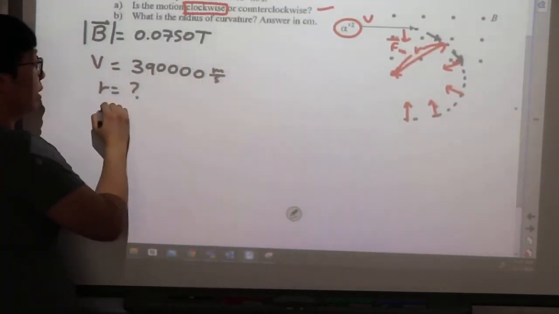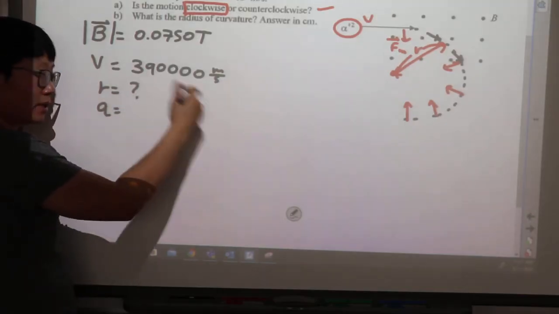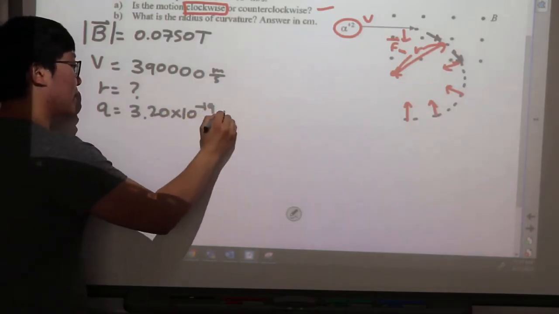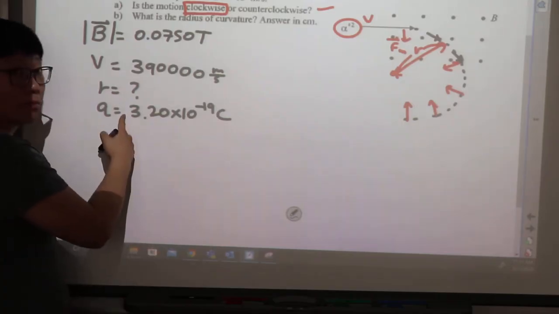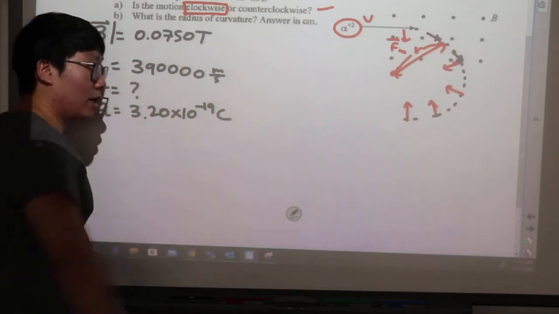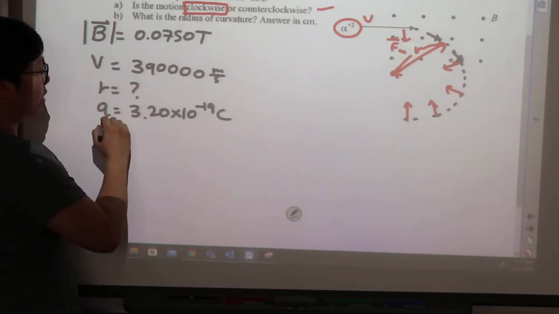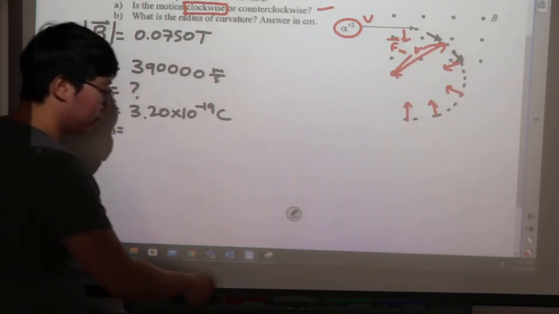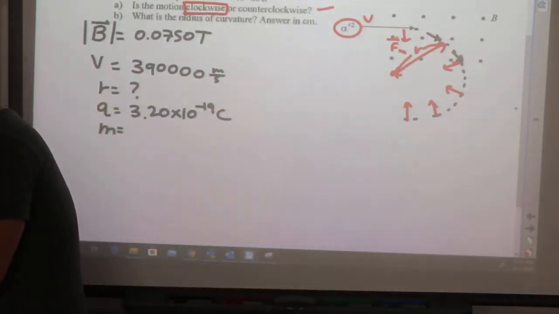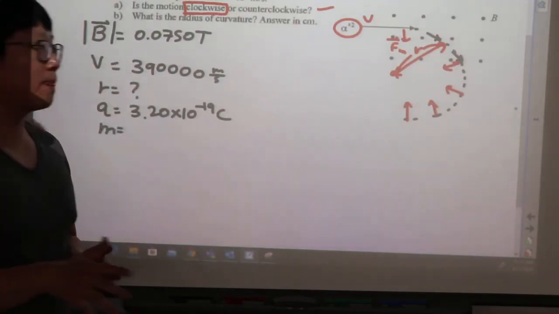For instance, we know Q is 1.60 times 10 to the power of negative 19, but doubled, so 3.20 times 10 to the power of negative 19 C. In fact, it is positive, but who cares about the direction right now? We already found the direction using the right-hand rule. So Q is that. And mass is also given. When it comes to mass, please refer to your Physics 30 data booklet or formula sheet.